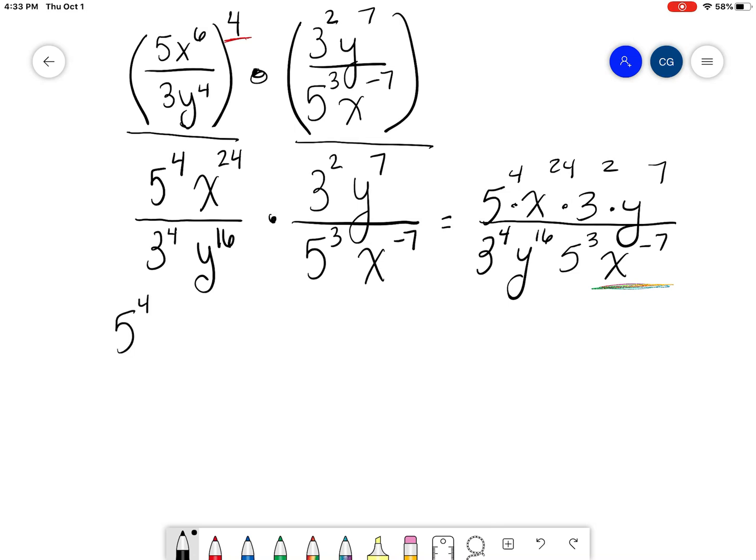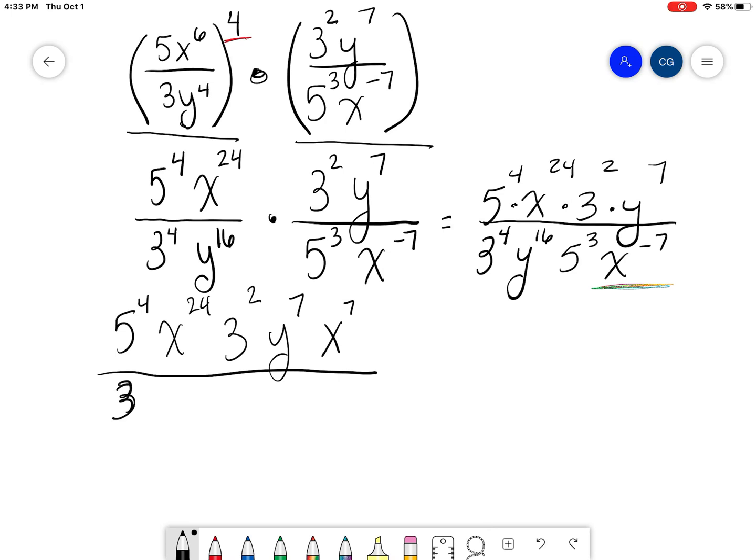So I have 5 to the 4th, x to the 24th, 3 squared, y to the 7th, and that x to the negative 7 is going to come upstairs as x to the positive 7. Downstairs, everything else stays the same, except I don't have that x to the negative 7 down there anymore. I have 3 to the 4th, y to the 16th, 5 to the 3rd, and then that x to the negative 7 is gone.